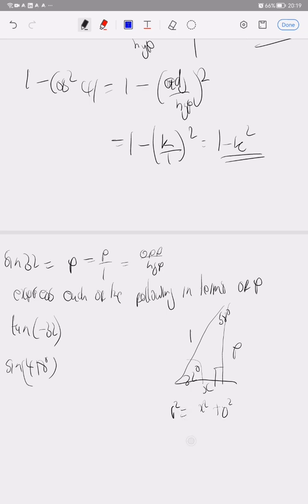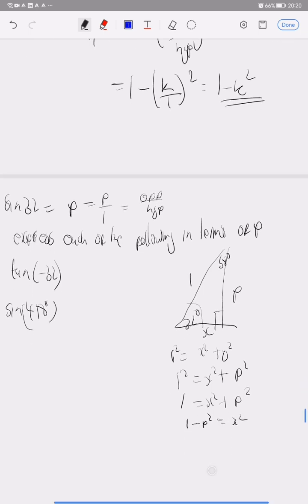So r squared is equal to x squared plus y squared. So 1 squared is equals to x squared plus p squared. So 1 is equals to x squared plus p squared. So 1 minus p squared is equals to x squared.